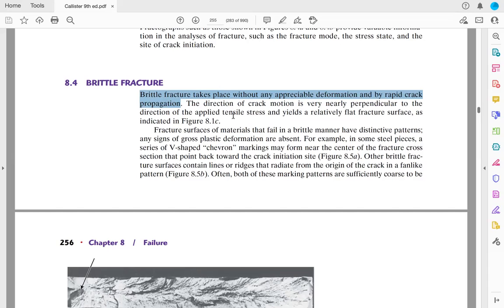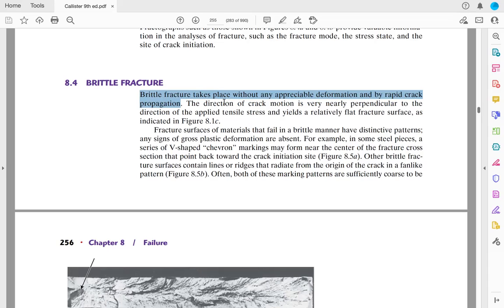However, brittle fracture takes place without any appreciable deformation and with rapid crack propagation. We know brittle fracture more in ceramics, in glass, in buildings. If the building just stays okay, and after that in one second it starts collapsing, okay, it is brittle fracture.